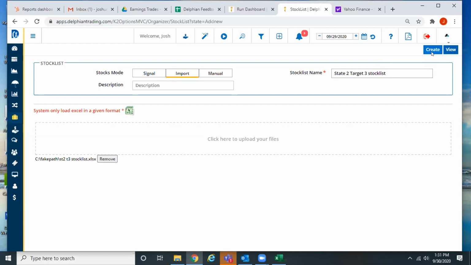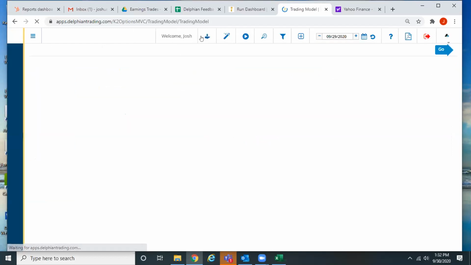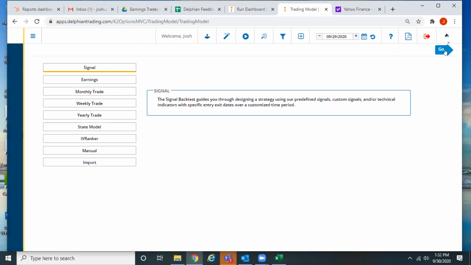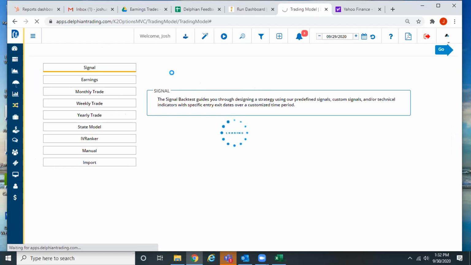We just hit create. So now it's 160 stocks versus 300 something. So we whittled it down there. Once we have that stock list, then we go back into the wizard and do the same backtest, except instead of liquid options, we'd use that stock list.